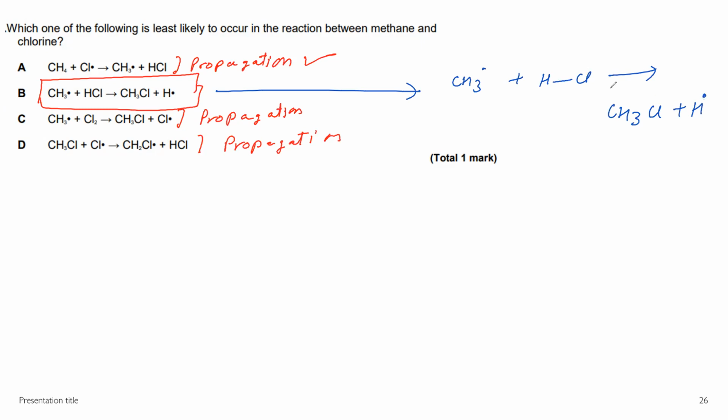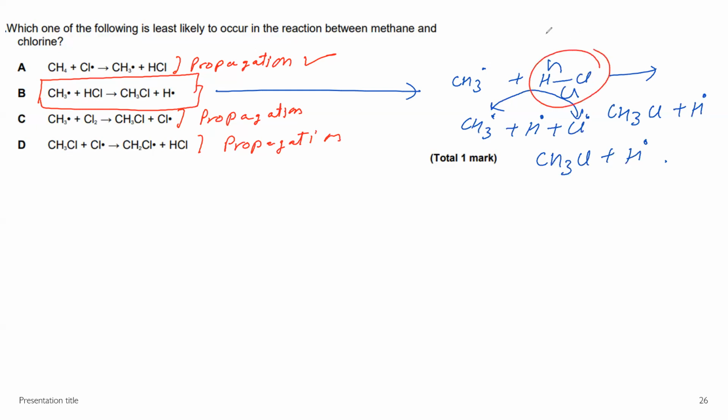So this is something weird. Why weird? So basically what they are saying, this bond is undergoing homolytic cleavage to give you CH3 plus H radical plus Cl radical, and Cl and this are combining together to form CH3Cl plus H radical. But if you remember, this is a heteroatomic species.